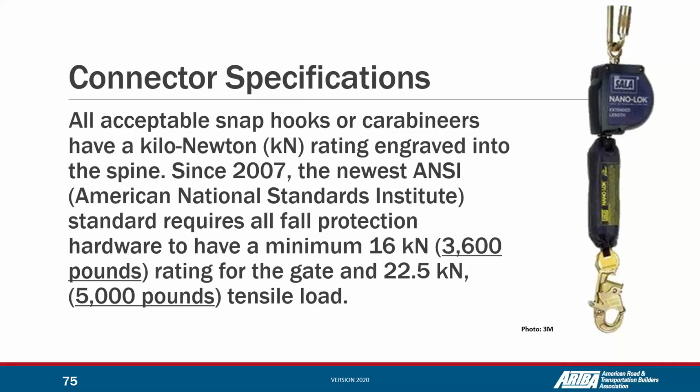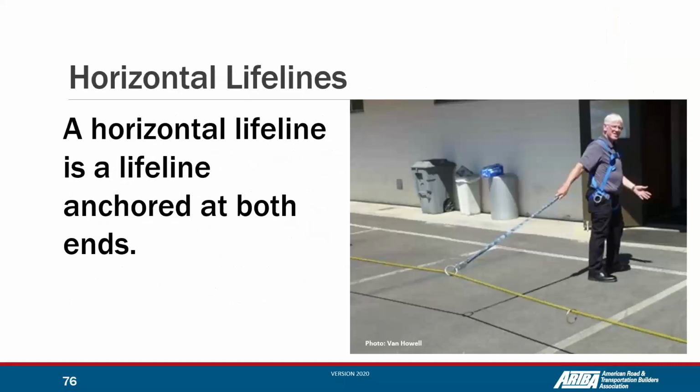All this information should be specified on the metal part of the snap hook and carabiner. So we need to verify they have this information engraved and fulfill these ANSI requirements. It's something that OSHA inspectors also use to verify.